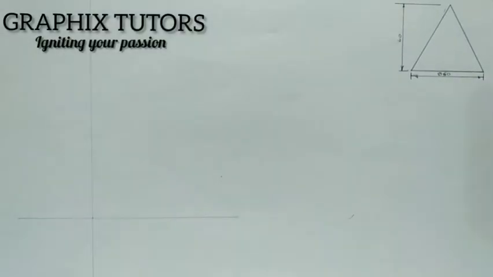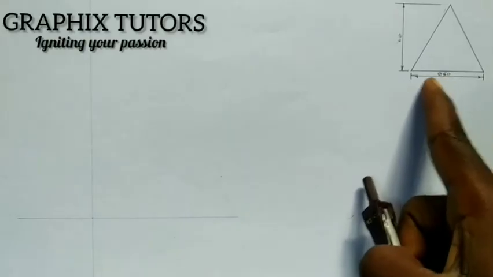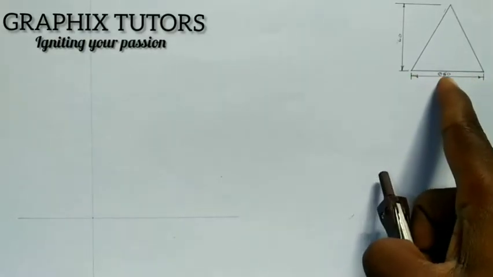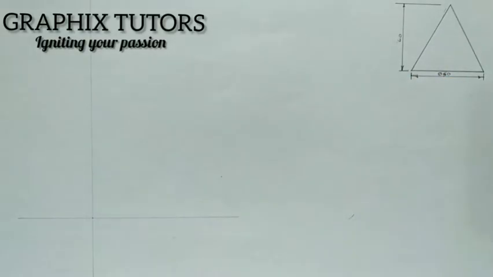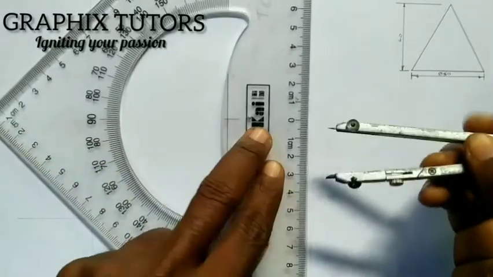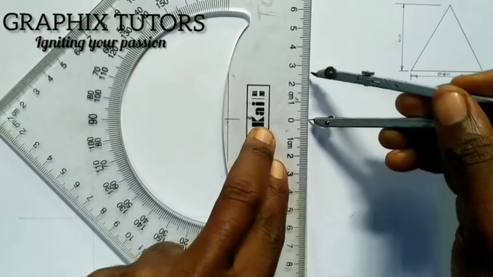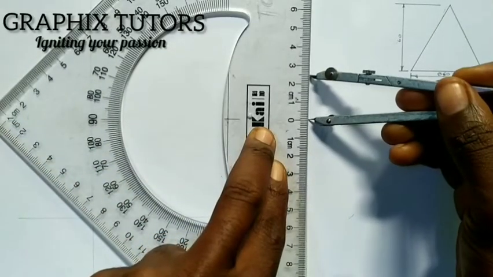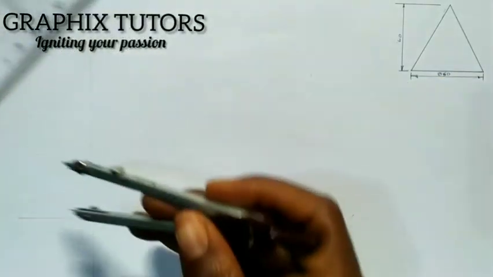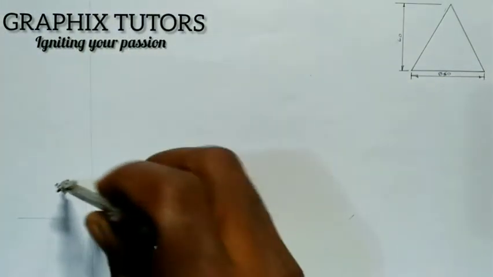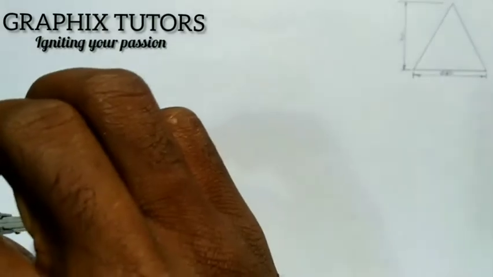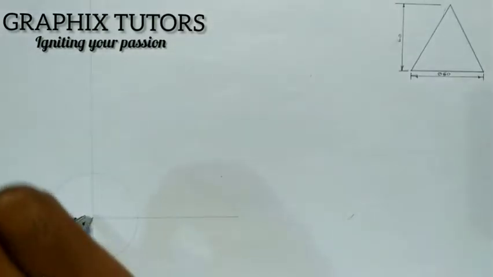The diameter of this is 50, so I'll take half of it, which is 25. Measuring 25 on my meter rule from 0, I'll come here and draw my circle.